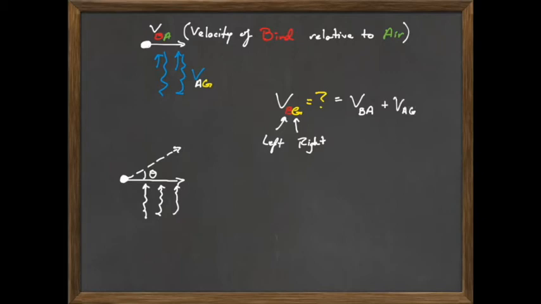Now I know that's a little confusing, but the idea is, what is the letter that's missing from my final answer? I'm looking for bird to ground, but notice there's no A label in that. And so one of the ways to think about it is, when you write out your formula, you want to do it in such a way that if I take the B and the A and the G, and I merge these together, I sandwich out the A. So as a result, what do you get?